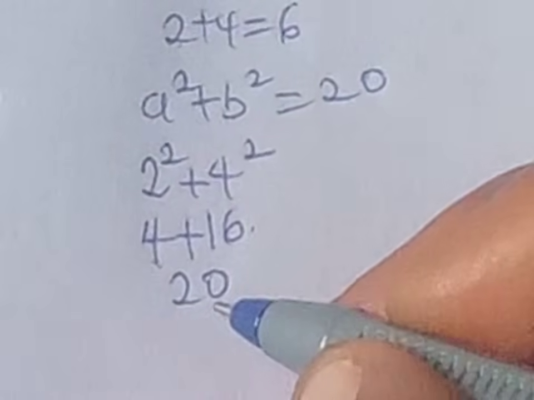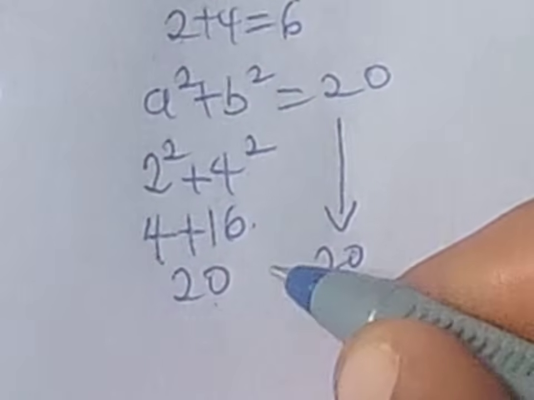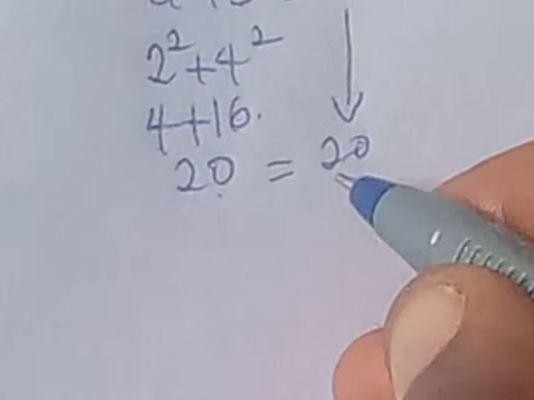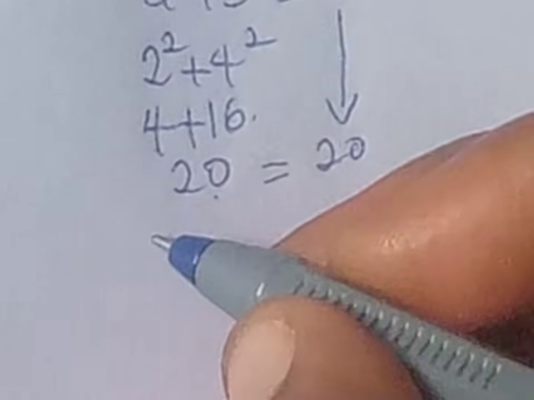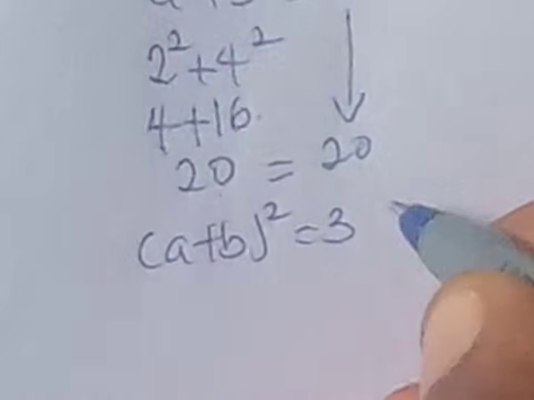On the left side, we got 20, and on the right side, 20 was given to us. That means our solution is correct, which means (a plus b) square equals 36.